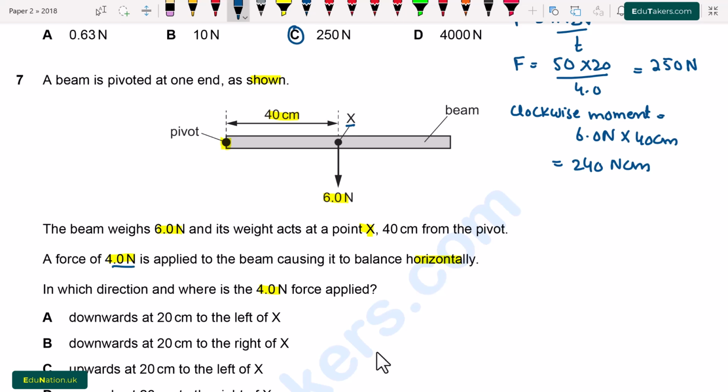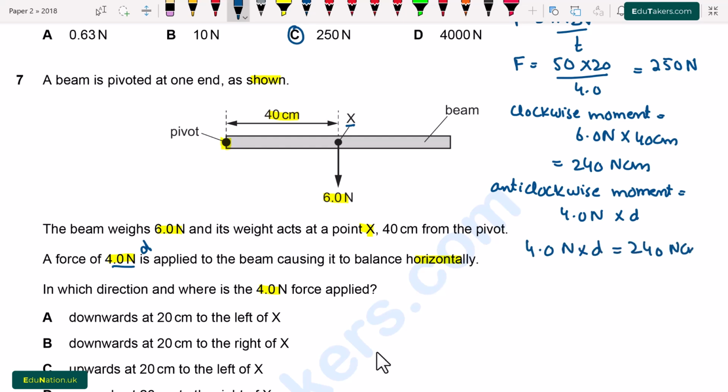I suppose that the distance of this force will be d. So I write here anti-clockwise moment will be equal to 4.0 Newton multiplied by d. In order to balance the beam, both of these moments must be equal. So 4.0 Newton multiplied by d will be equal to 240 Newton centimeter.